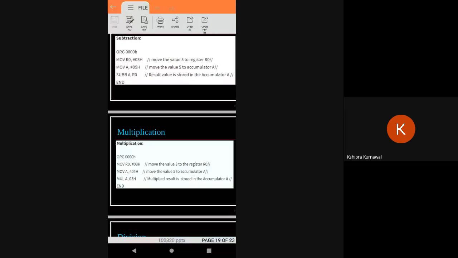That is a simple way. MUL A comma R0. So that also we can put as a replacement for this particular instruction. The last one is the end. So this is how multiplication can be done.